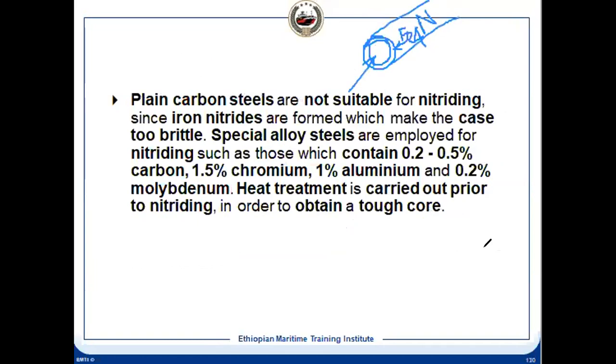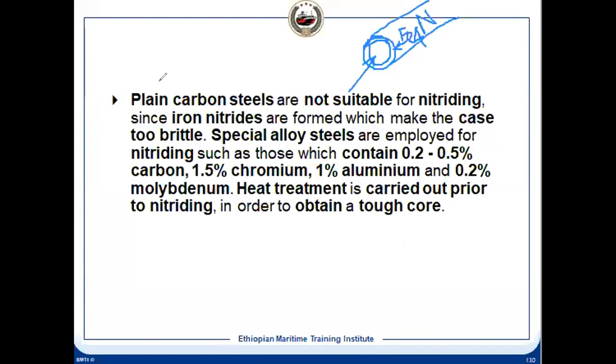Now, plain carbon steel is not suitable for this, so nitriding is done for steel with 0.2 to 0.5% carbon. Our crankshaft has alloying material: chromium, aluminum, molybdenum, because we need to improve the property. That's why we use this alloying material for nitriding.